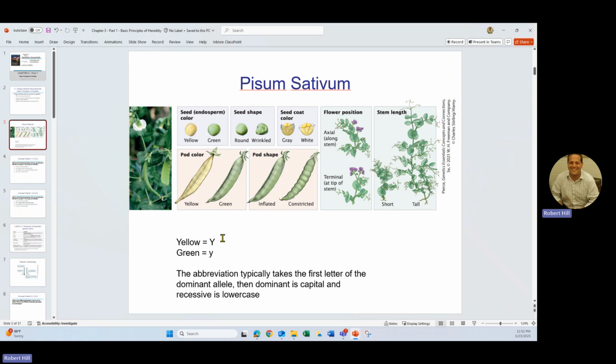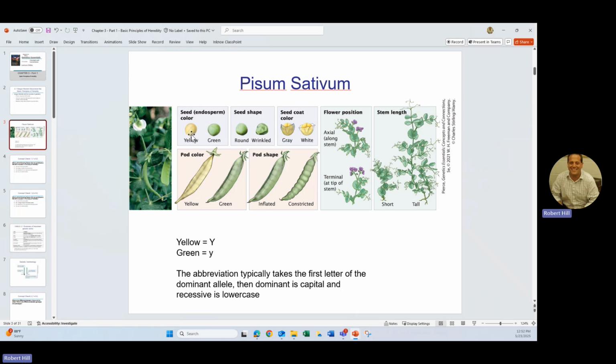Okay, so typically the first letter of the dominant allele is the letter that's used for both alleles. All right, so with dominant, we say it's uppercase, and with recessive, we use the lowercase letter.